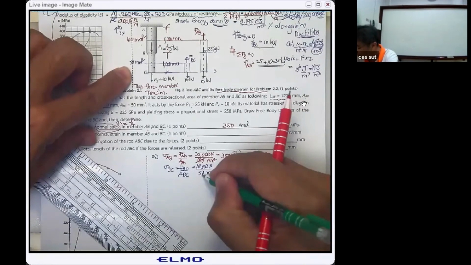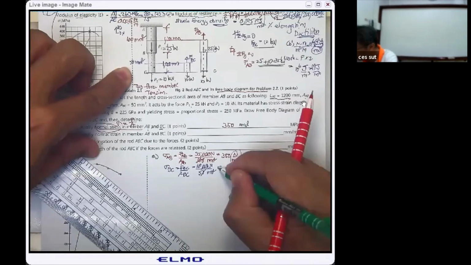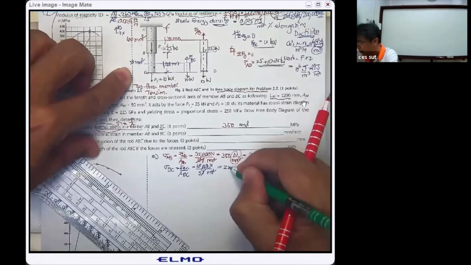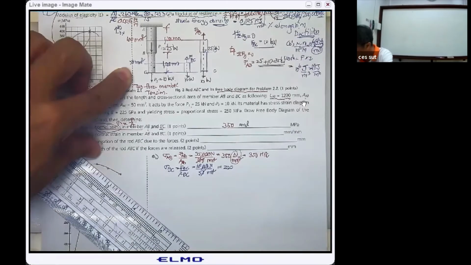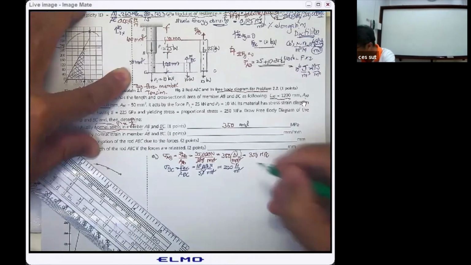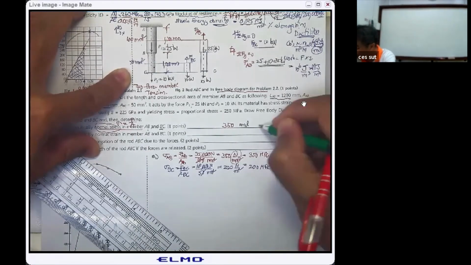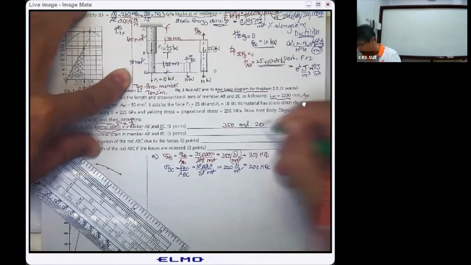So this is going to be 1,000 divided by 5, so this is going to be 200. Okay, 1,000 divided by 5 in Newton per square millimeter. You may say this is going to be 200 megapascal. So just put the answer here.